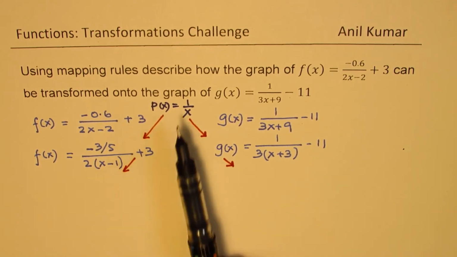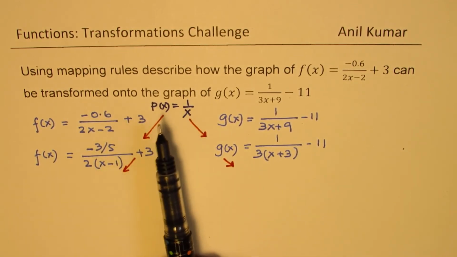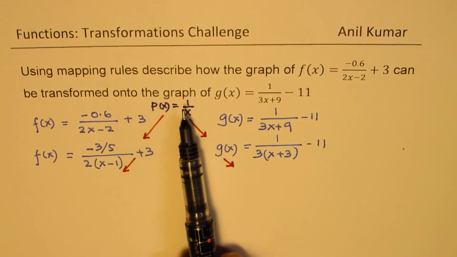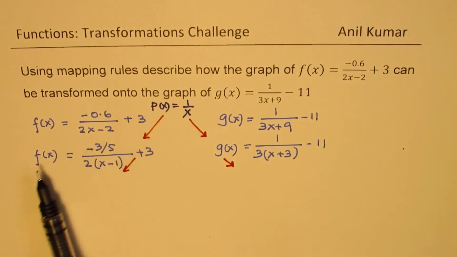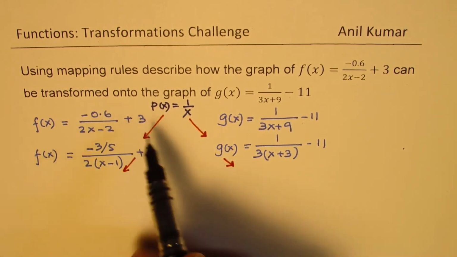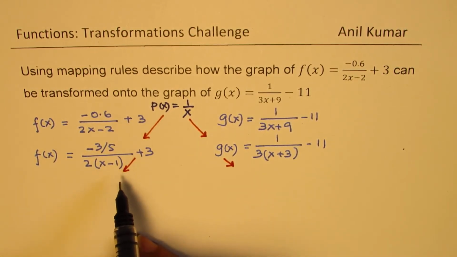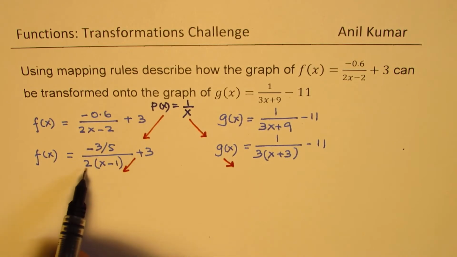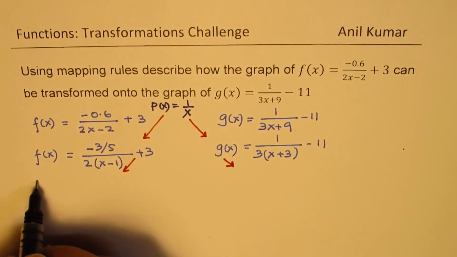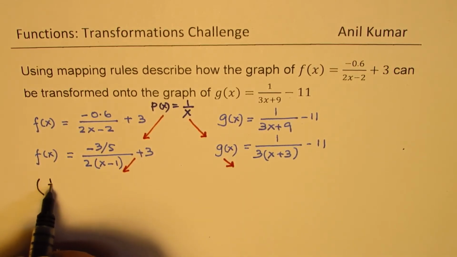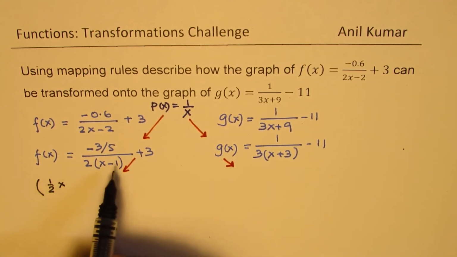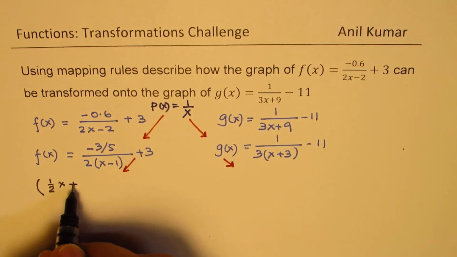So let's look into this flow. If the parent function is the reciprocal function 1 over x, how do we get f of x, and how do the points get transformed? Here clearly, we see that horizontally it has been compressed by a factor of half, so the coordinates could be written as half of x, and then translated 1 unit right, so increased by 1.